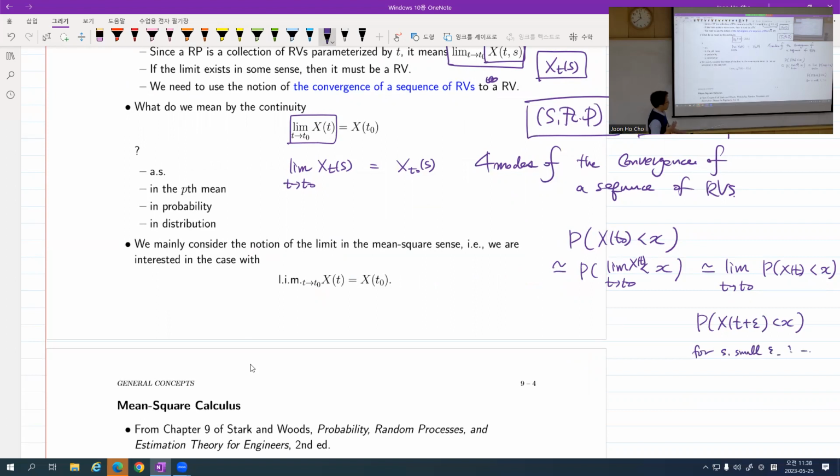And this requires only the CDF, because you want to compute the probability. So in some cases, not exactly in this case, you don't need mean square calculus, but some kind of in-distribution stochastic calculus. But you don't need that, because if you can prove this one, this is an immediate consequence.